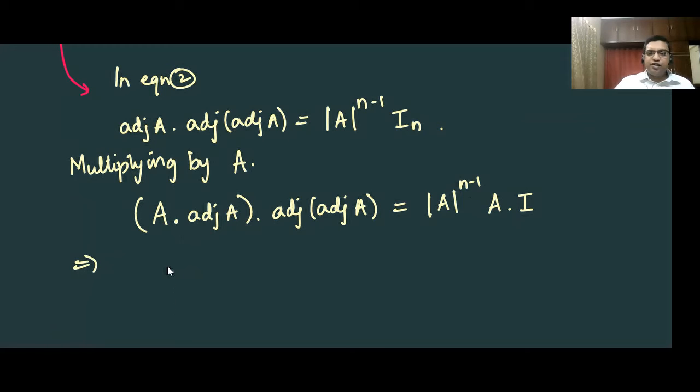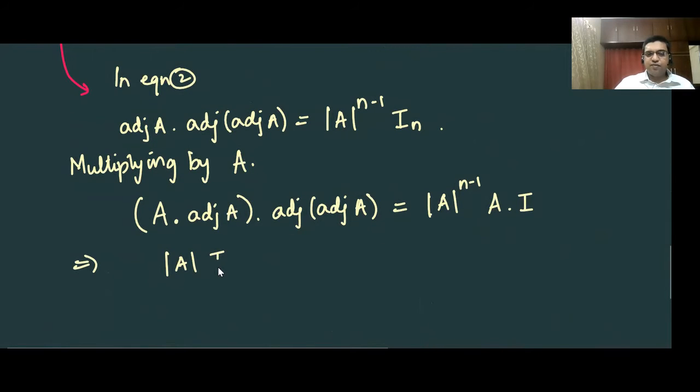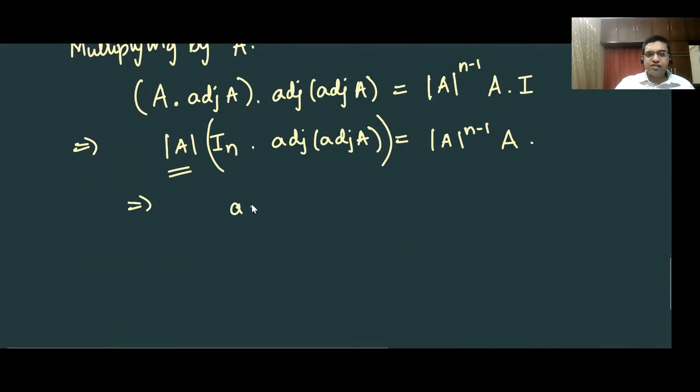Now A into adjoint A is, going back to the basics, determinant of A times In. A into I is A. This is a scalar now, and identity matrix multiplied by any matrix is the matrix itself.